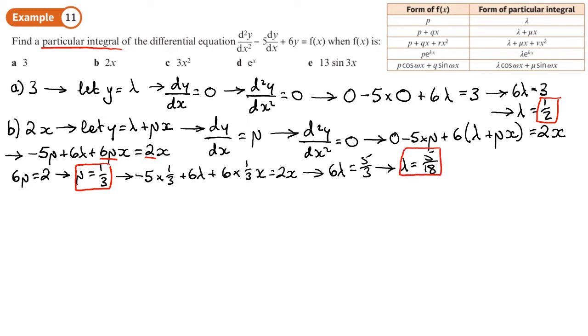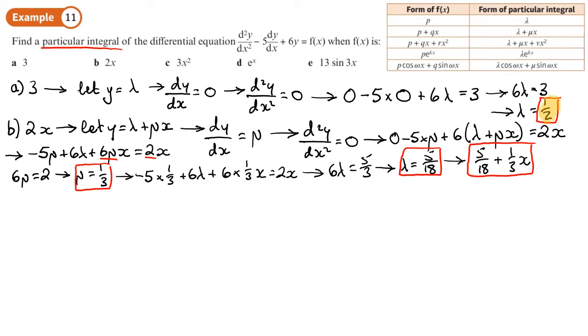So we can now write the form of the particular integral, and so we go back to this. It's going to be lambda plus mu x, or 5 over 18 plus a third x. So we'll just highlight that as our answer for that part.